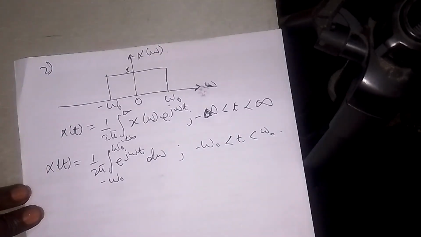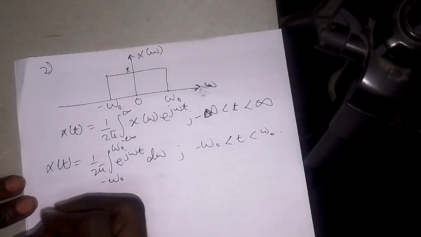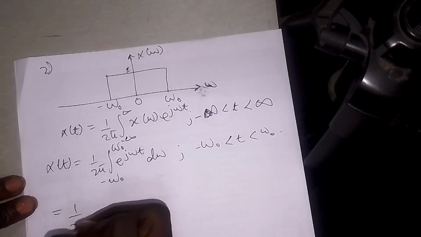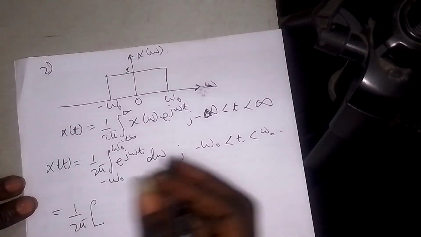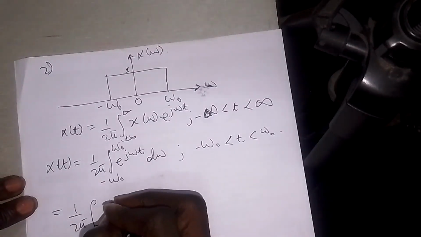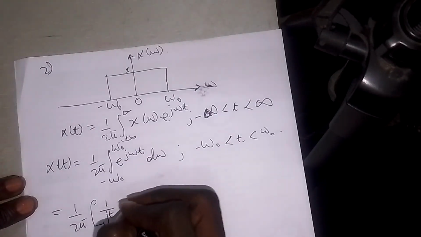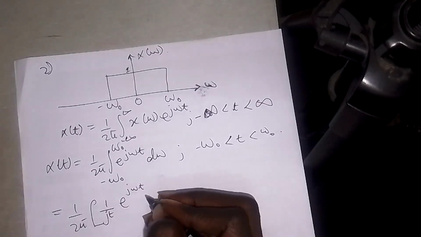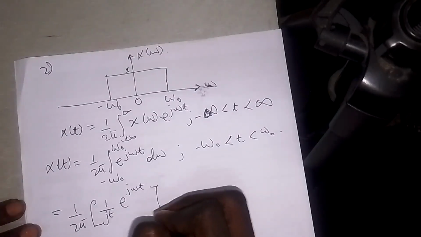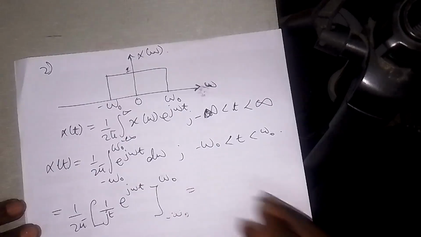So now, if you have this one, then we can just integrate into 1 over 2 pi, integrating with respect to omega. So I'll have 1 over jt into e^(j omega t), evaluated from minus omega naught to omega naught.